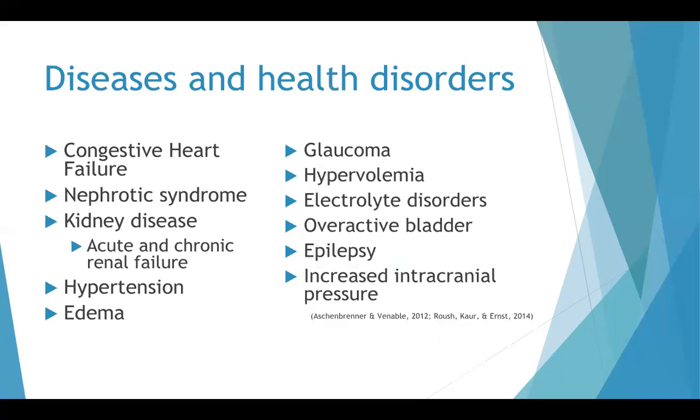In congestive heart failure, for example, ineffective pumping of the heart leads to decreased cardiac output, meaning the heart isn't pumping efficiently and it can't pump the blood out to where it needs to. So this leads to fluid volume overload in the body. And even though there's all this blood and there's all this volume, your heart's not pushing it where it needs to go. So there's still decreased blood supply to vital organs like the kidneys.